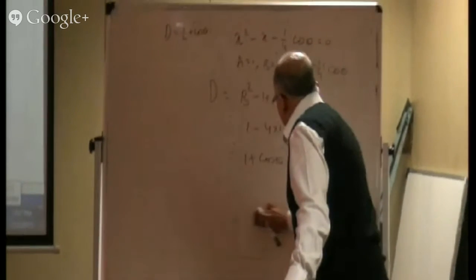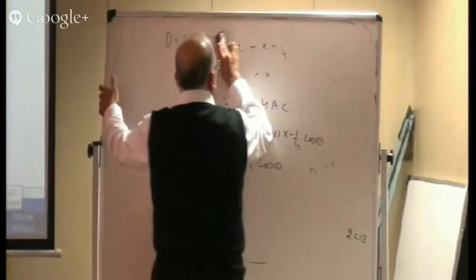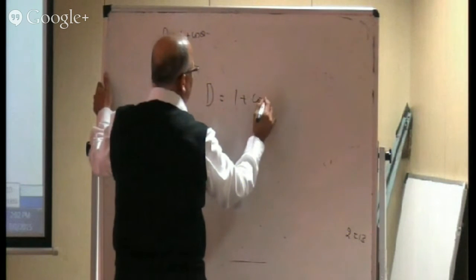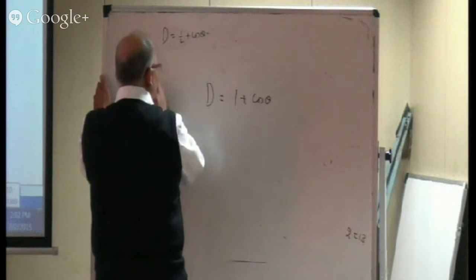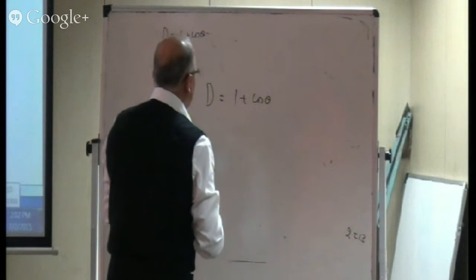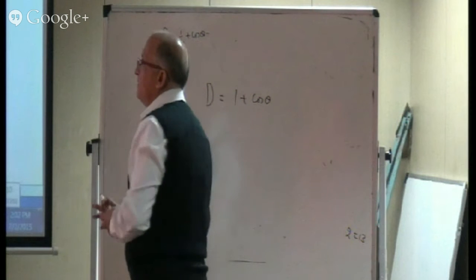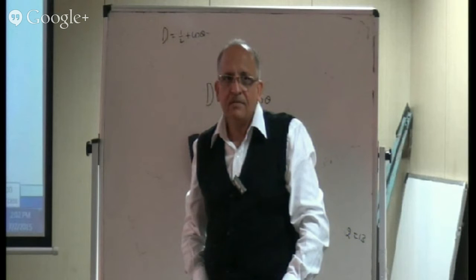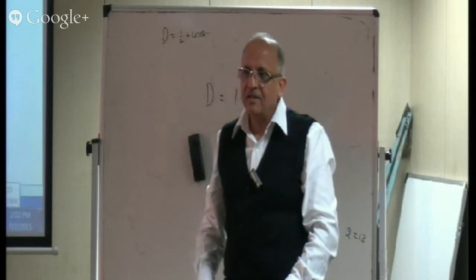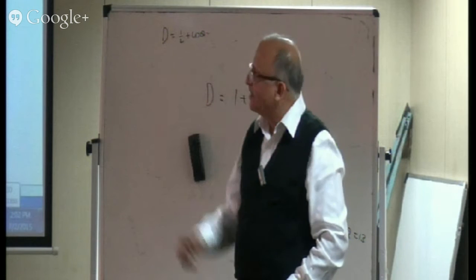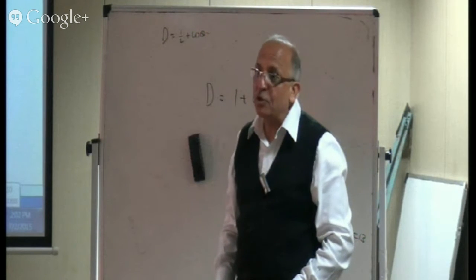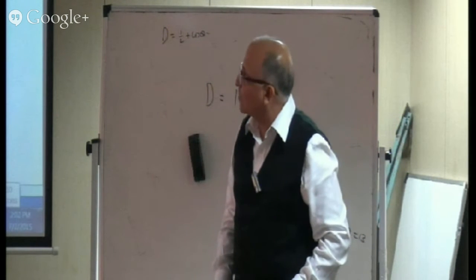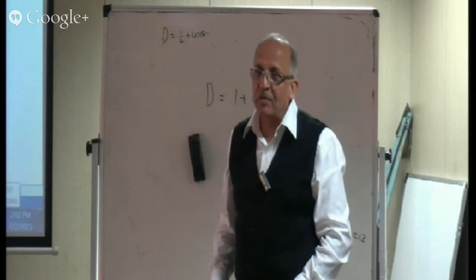Since the discriminant is coming out to be 1 plus cos theta, what is the condition for it to be rational? D should be a perfect square. But before that, A, B, C should be rational numbers. 1 is a rational number, minus 1 is a rational number, but minus 1 upon 4 cos theta we cannot say.